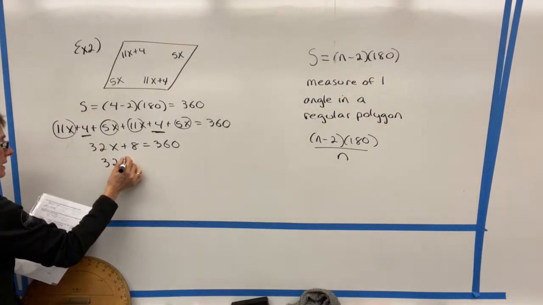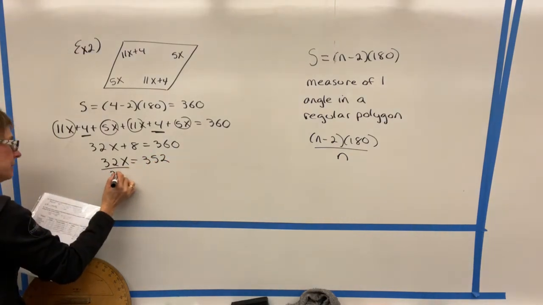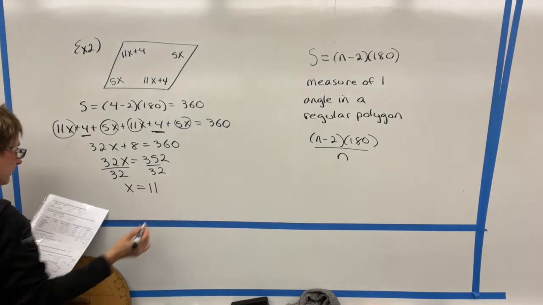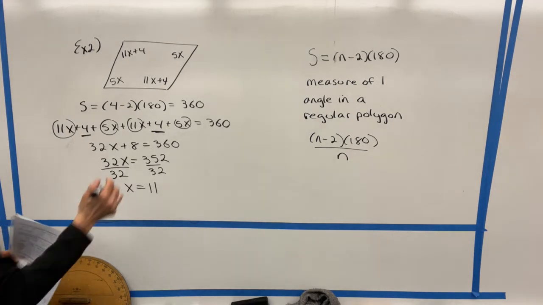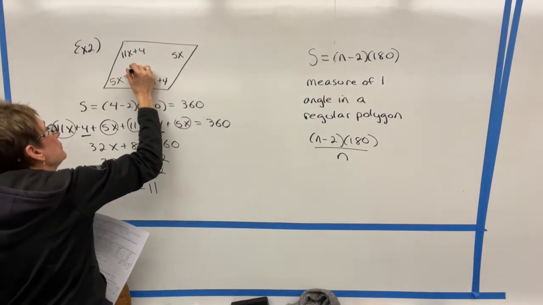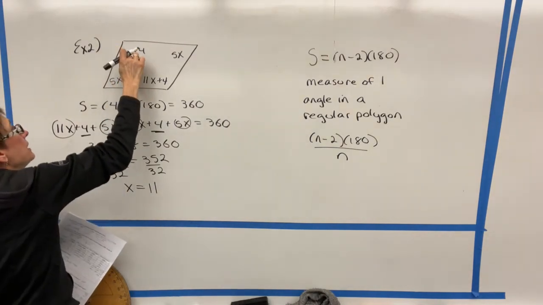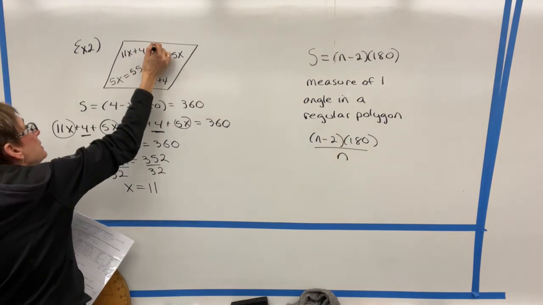So I'll subtract 8, and then I'll divide by 32, and I'll get that x is 11. Now, if we wanted to find the measure of each angle, we would just plug in 11 for x. So for example, that would be 55. And this would be 11 times 11, which is 121, plus 4, which would be 125.